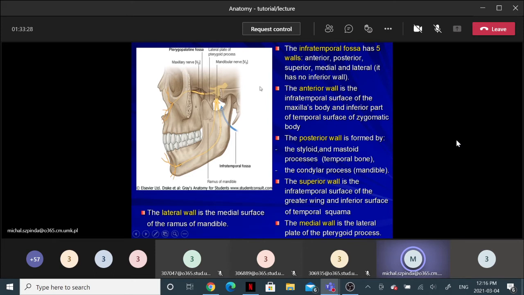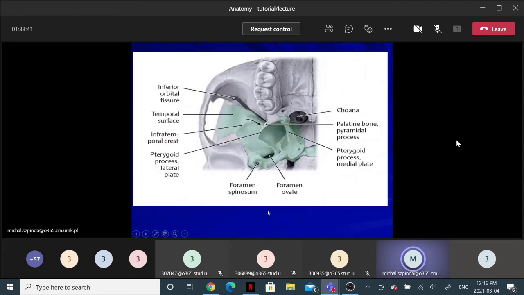What do we have here? Where is the superior wall of the infratemporal fossa? The superior wall will be visible on the next slide. So all this area on the external cranial base refers to the infratemporal fossa.